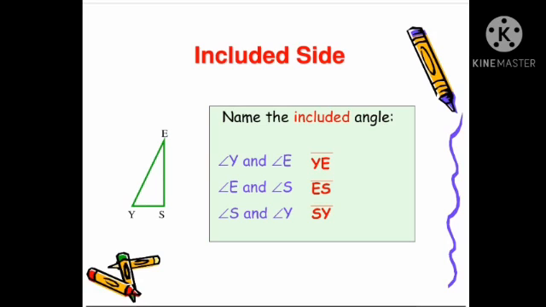The first one, angle Y and angle E: the included side is YE. Second, angle E and angle S: the included side is ES. Third, angle S and angle Y: the included side is SY. This concept is useful for the angle, side, angle criterion.